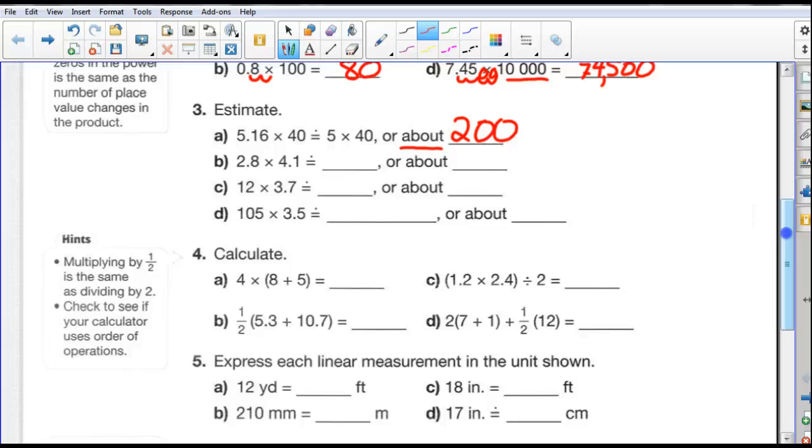2.8 times 4.1, well, that'd be similar to saying 3 times 4, okay, which is approximately 12. 12 times 3.7, well, that could be the same as 12 times 4.